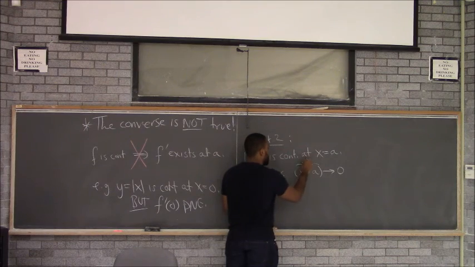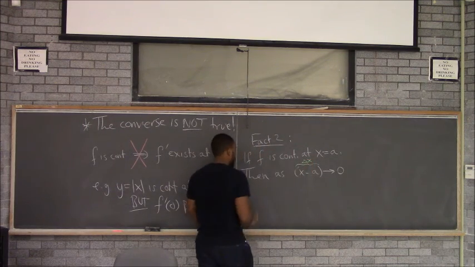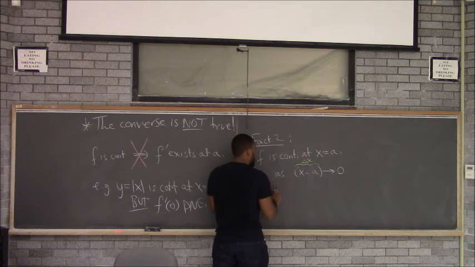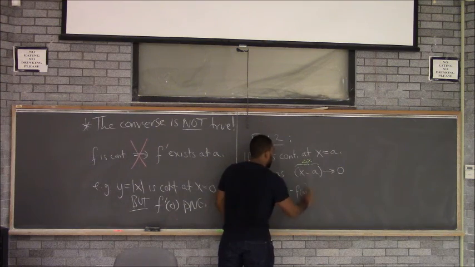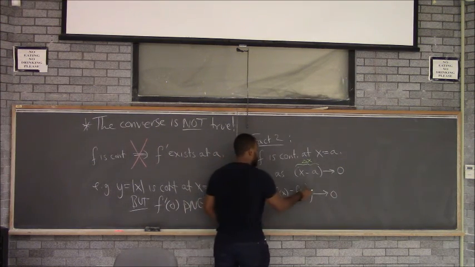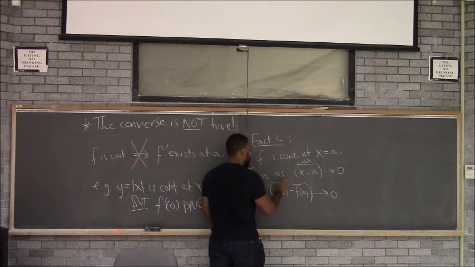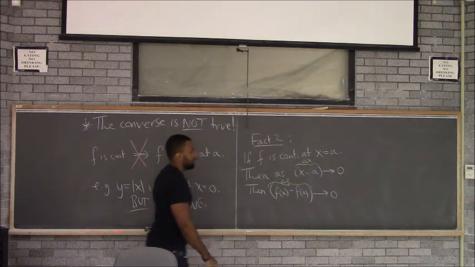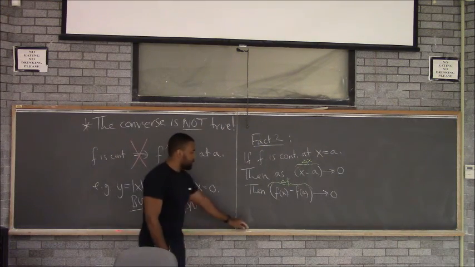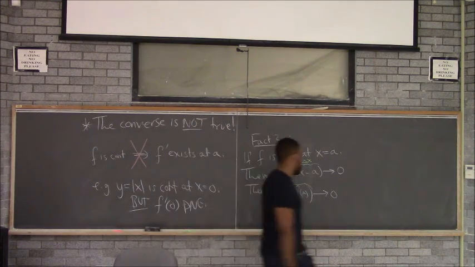Call this delta x. Then the difference between f of x and f of a will approach 0, and this I will call the change in f. Now it's just a nice fact that follows very easily from the definition of continuity.